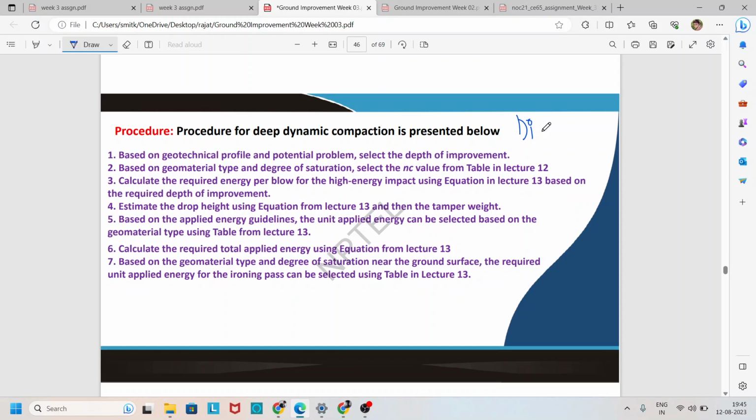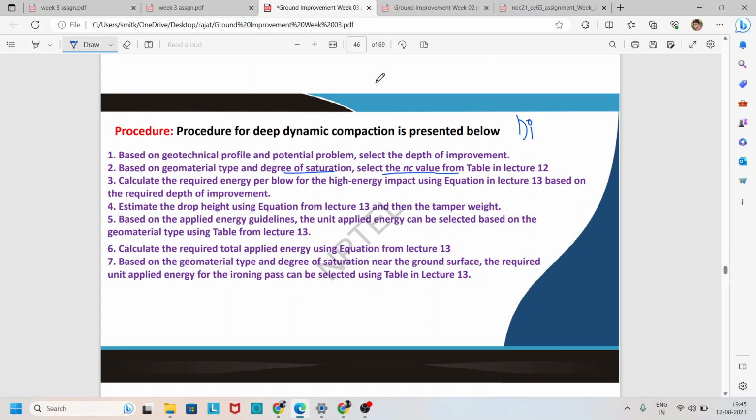That means the initial shear strength of the soil, initial cohesion, internal friction of the soil, and so on. After finding that, we can find out the NC value based on the degree of saturation.